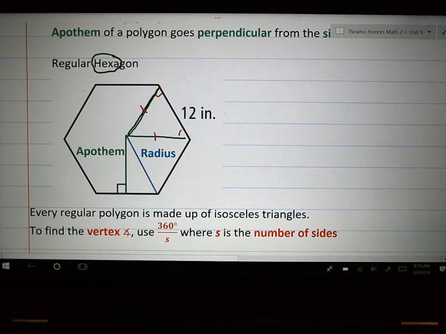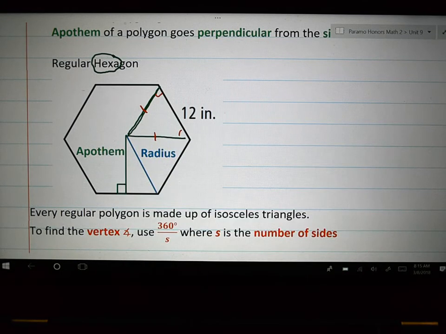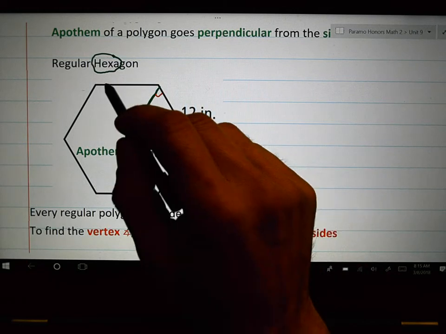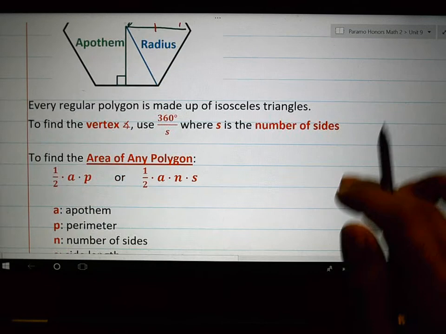It doesn't matter if it's a pentagon with 5 sides, or a heptagon with 7 sides, you can always cut the regular shape up into isosceles triangles that have a vertex angle and 2 base angles that are the same. And why are they made up of isosceles triangles? Because every side is the same and every angle is the same, so we're cutting everything into equal pieces, which should hopefully make sense to you.